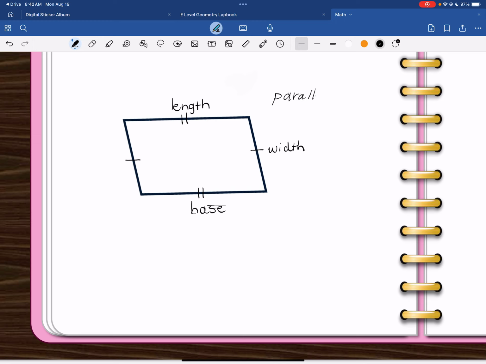Parallelogram. That's a vocabulary word. You have a flashcard for this one. How would you measure the height of this parallelogram?